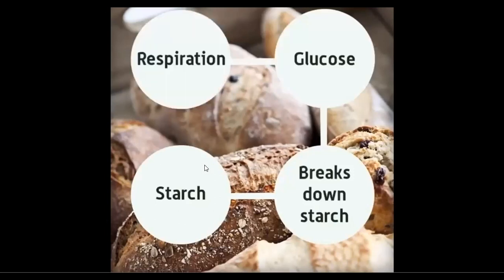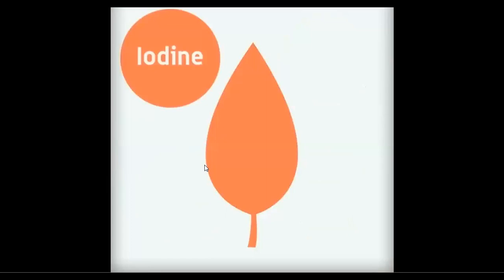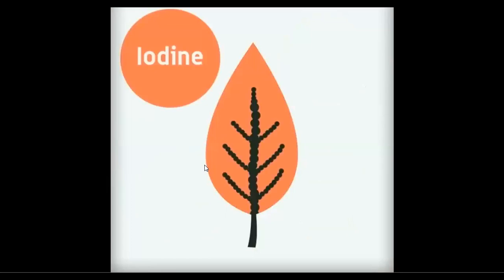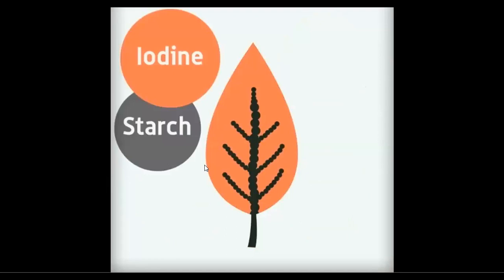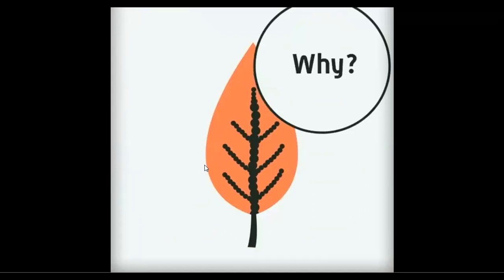You might have carried out an experiment in which you added an orange chemical called iodine to a leaf. Green parts of the leaf that had been carrying out photosynthesis would have gone black as the iodine reacted with the starch stored in the cells. Any leaves or parts of leaves that hadn't carried out photosynthesis would have stayed orange. Why would some areas of the leaf not have been photosynthesizing?